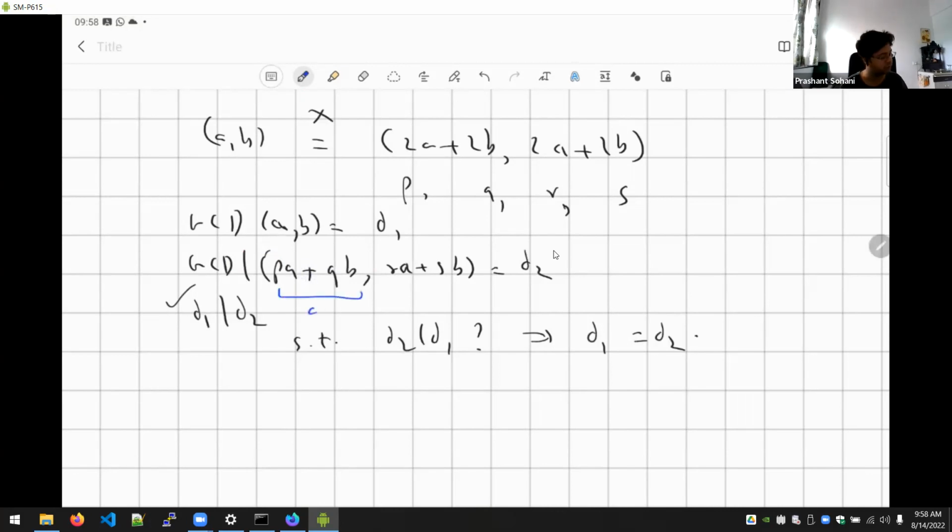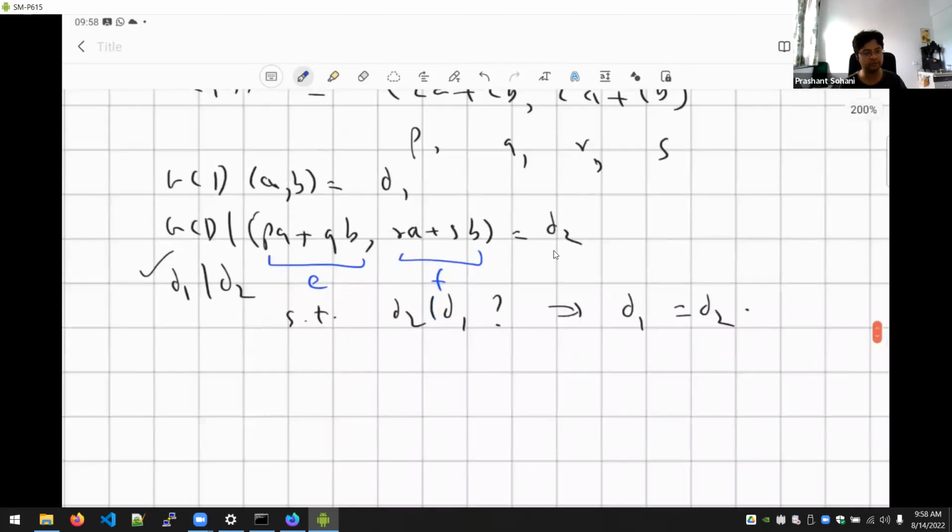So if I denote PA plus QB, the whole thing, as C. Okay, let me not use C and D. Maybe E and F. Can you write A and B in terms of E and F?